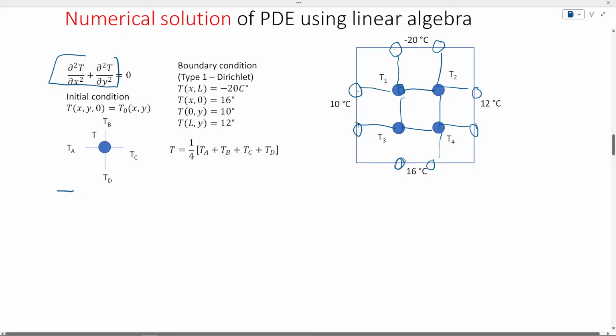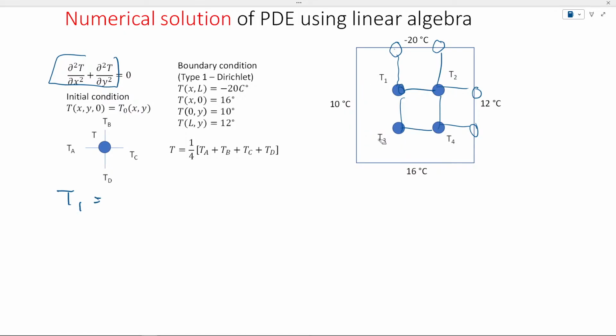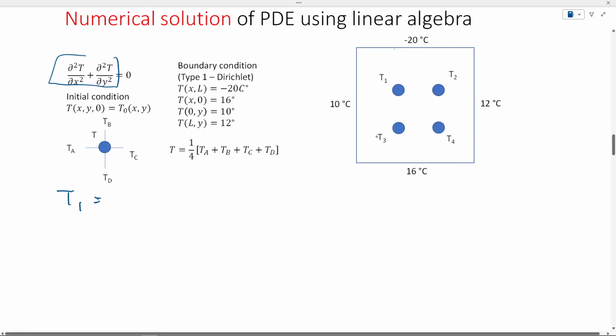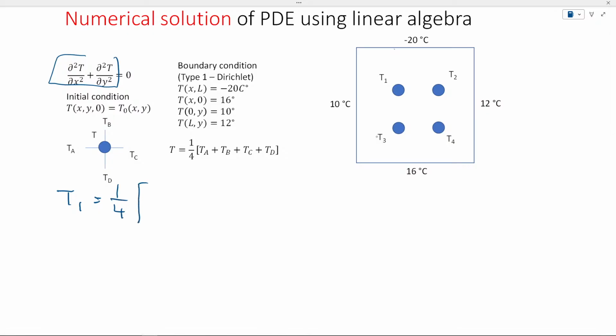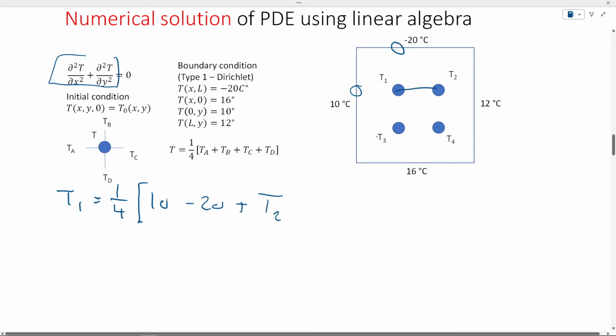So here, T1 is equal to what? Let's just do it one by one. T1 is equal to 1 over 4, the average value of 10, this guy here, plus negative 20, this guy here, plus T2 plus T3.